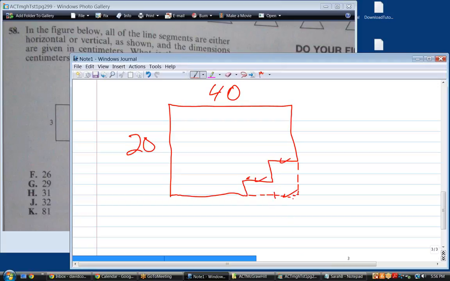This measurement there is that measurement there. This measurement here is that little measurement from there to there, and this little piece here is that measurement there. So the perimeter of the full rectangle is exactly the same as the perimeter of a notched rectangle.